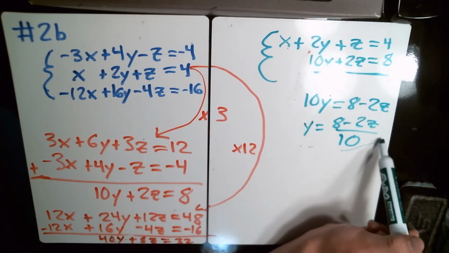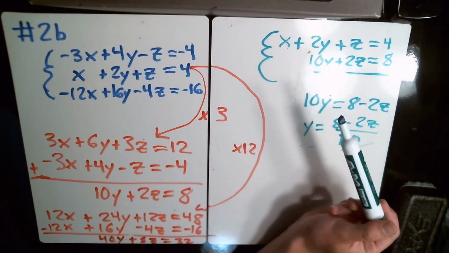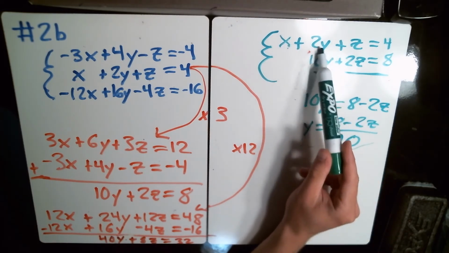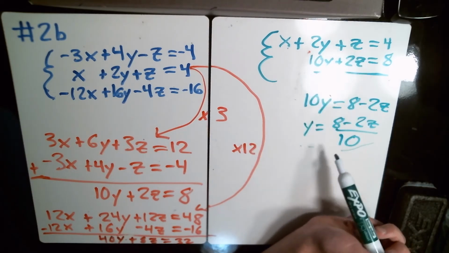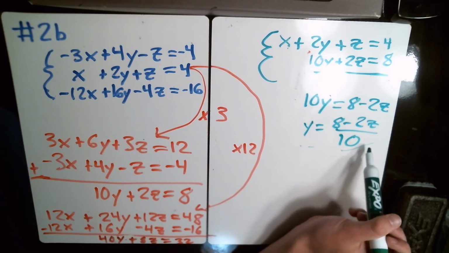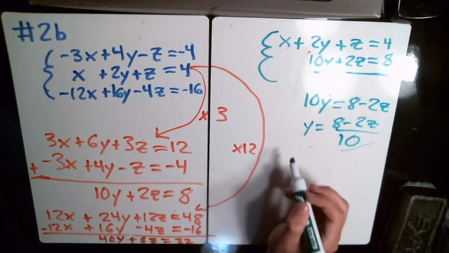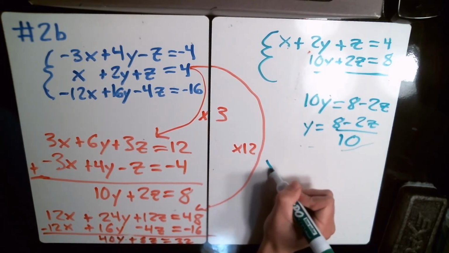Y is given by this equation, right? And so then x will also be determined when I plug those two in. So to make it simpler, I'm going to plug in this y so that I only have x's and z's in this equation, and then I'll solve for x.